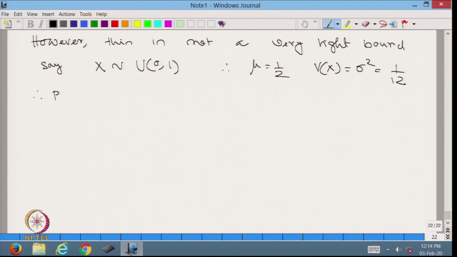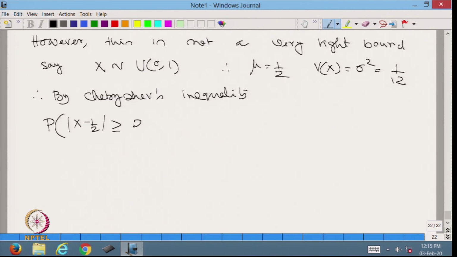Therefore, by Chebyshev's inequality, probability modulus of x minus half greater than or equal to 2 times 1 upon root 12 is less than or equal to 1 upon 2 square, which is equal to 1 by 4.